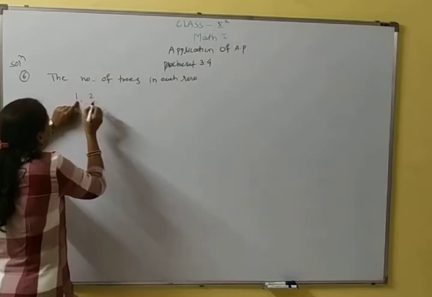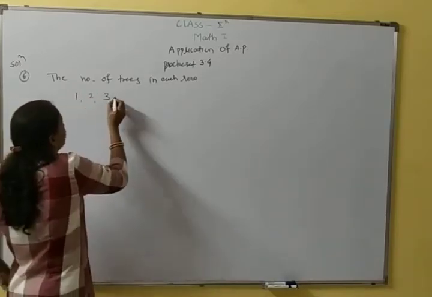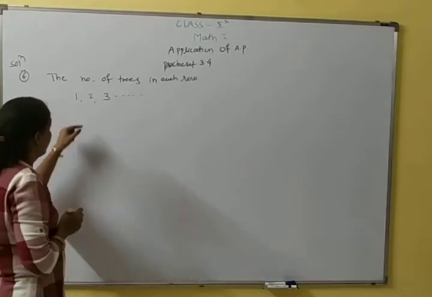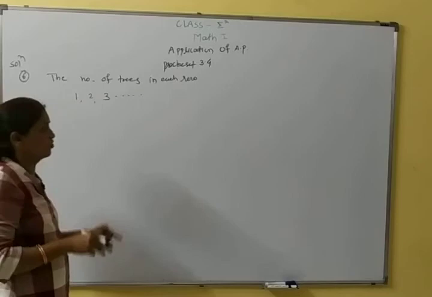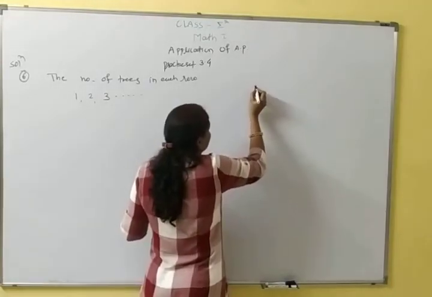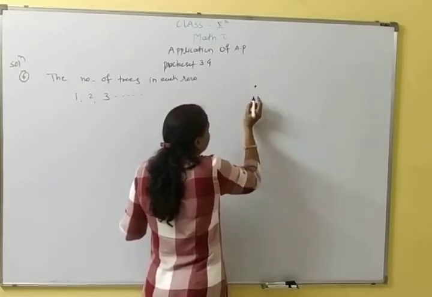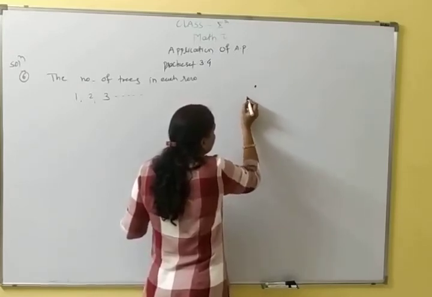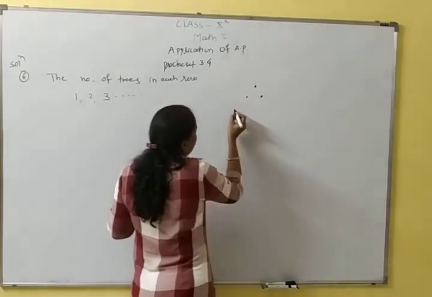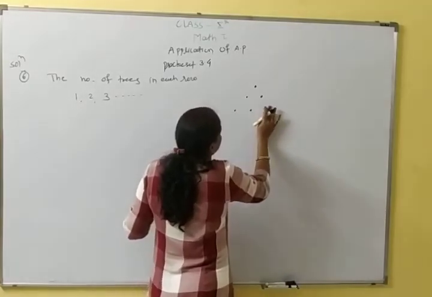In second row, 2, and in third row number of trees are 3, and so on. Here there are 25 rows and all rows are in triangular shape. So here in first row there is one tree. In second row there are two trees, and in third row there are three trees.